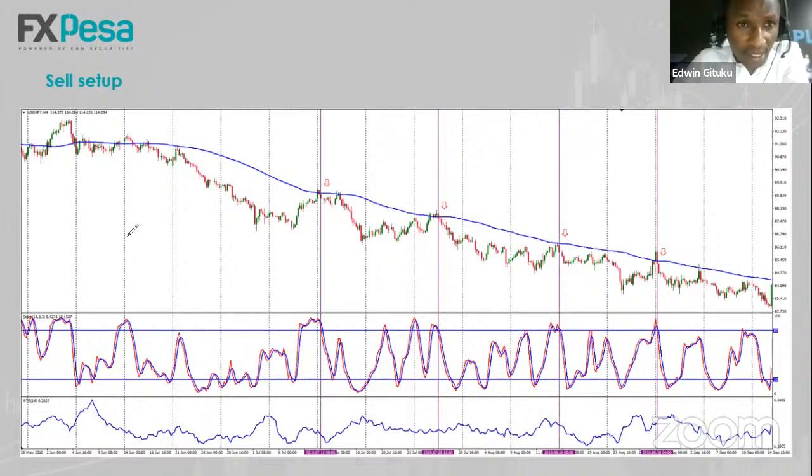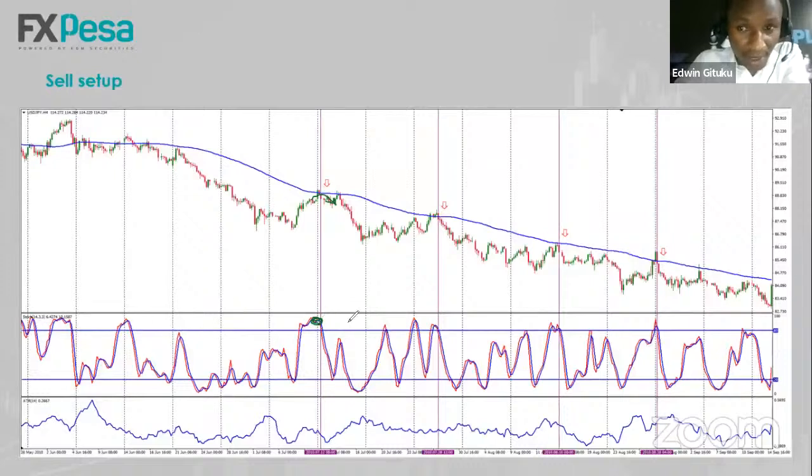Using these two indicators, you'd want to have price pullbacks close to the 100 EMA. Then when price initiates a bounce or a reversal close to the 100 EMA, you'd check whether the stochastic is giving you a confirmation.